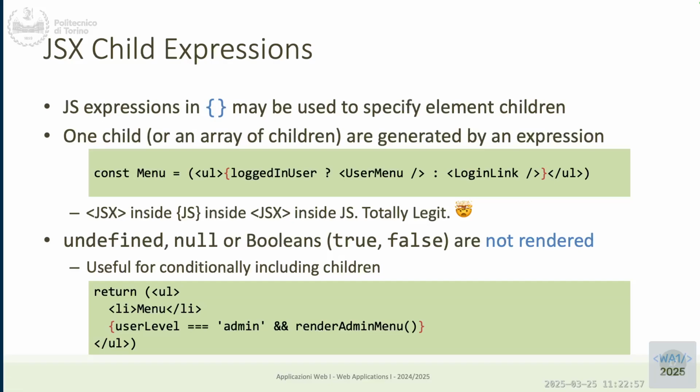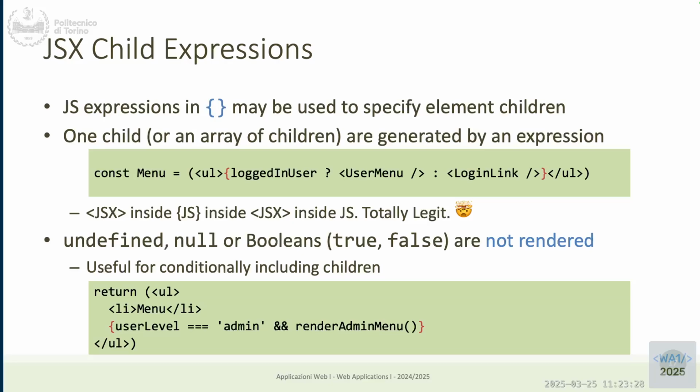This expression contains a ternary that checks a Boolean variable, and the result of the ternary will again be React elements. So we have JavaScript that contains JSX, that includes JavaScript again, that includes JSX again.